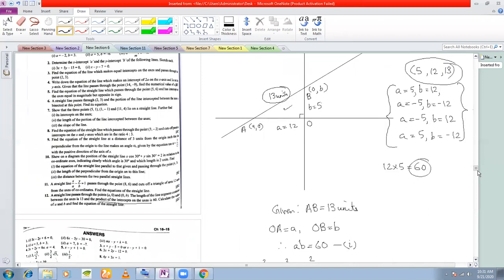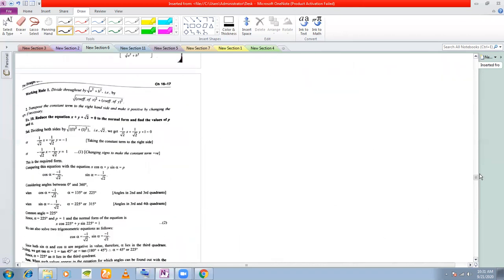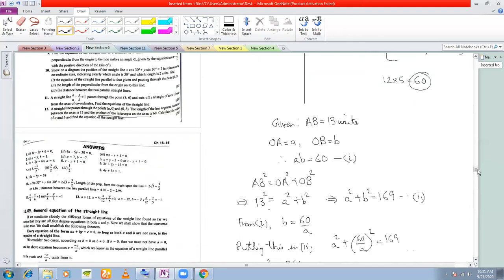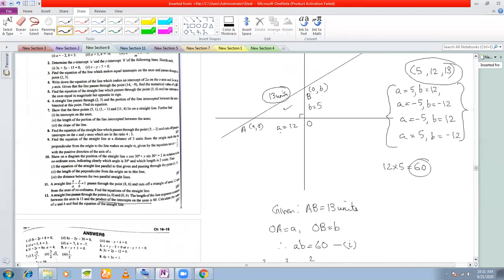Also, what you can see here is that not only why should I only take the x intercept as 12? This can also be 5 and this can also be 12.